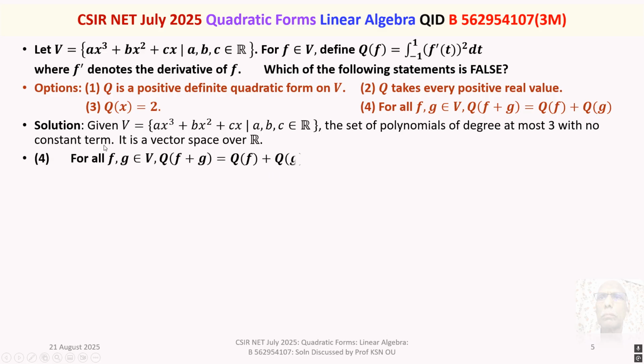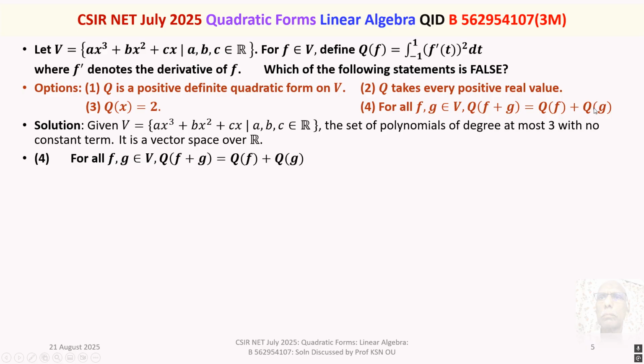Now, let us take down option 4. For all f, g belongs to V, Q of f plus g is equal to Q of f plus Q of g. If this is satisfied, it means it is an additive property.